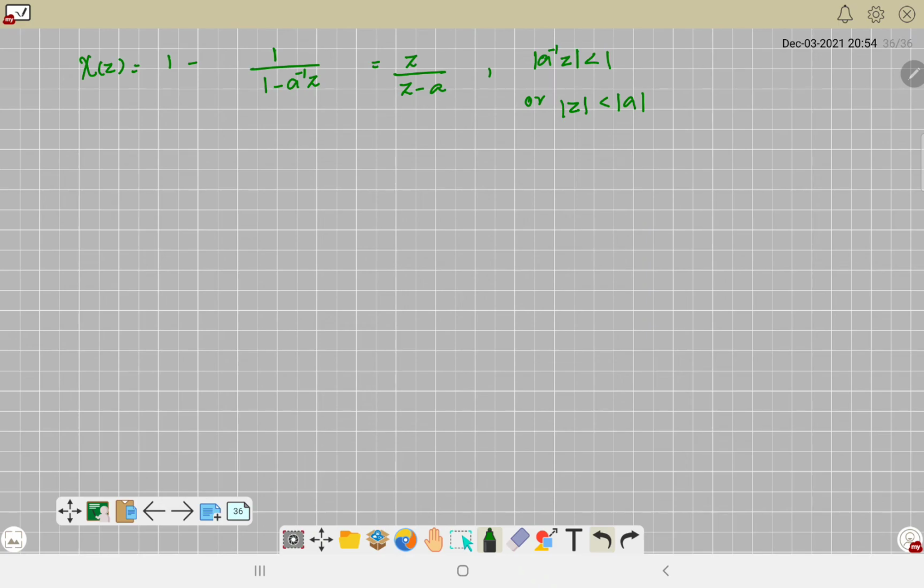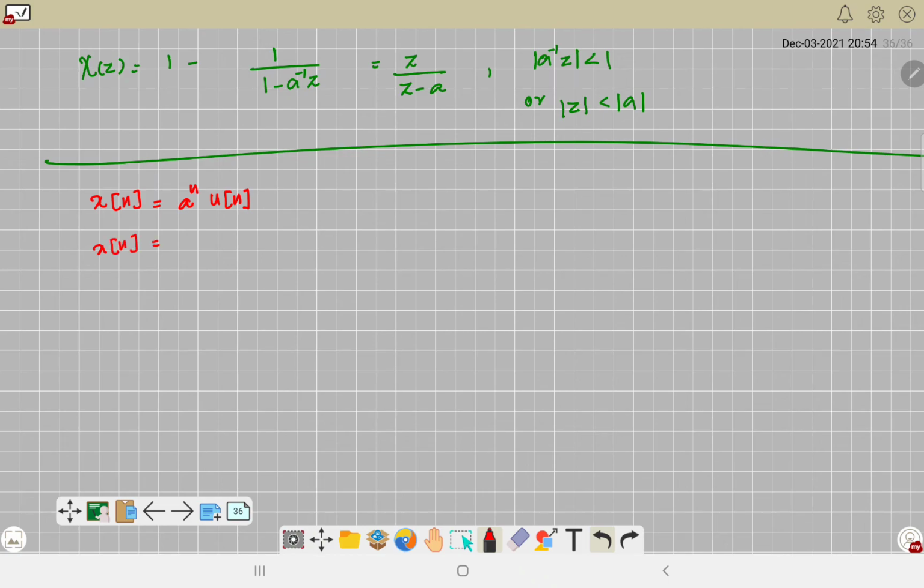So if you compare these two expressions, first of all we had a sequence x of n which was a raised to the power n u of n. Then we had another sequence x of n which was minus a raised to the power n u of minus n minus 1. This also had a z transform of z divided by z minus a. This also had a transform like this. But the first one's region of convergence was z greater than a.